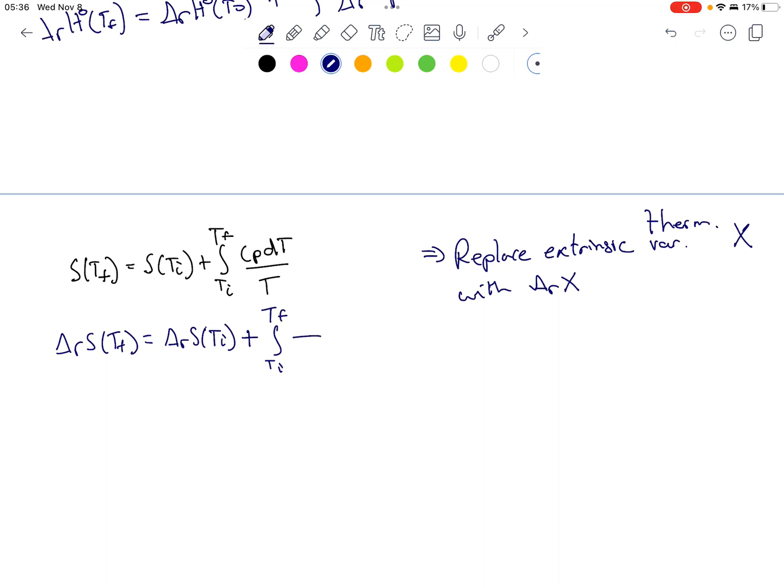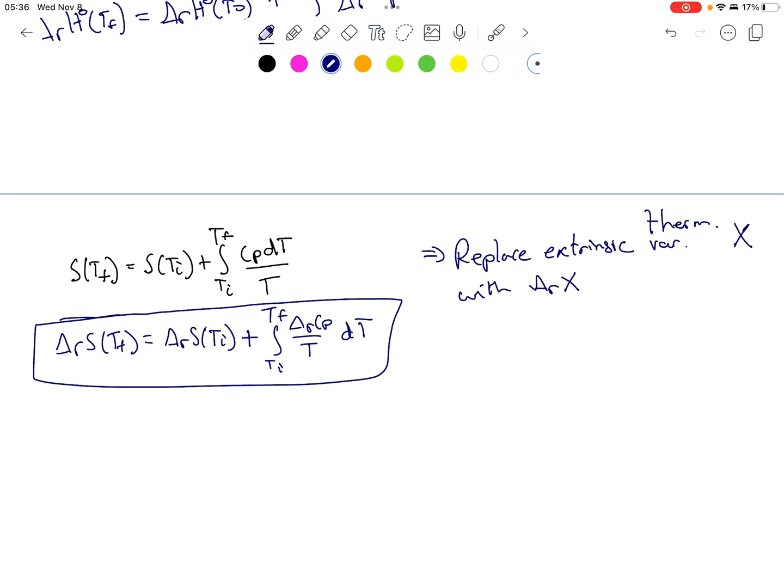T is intrinsic, but then I also have delta Rcp over T dT. And that's the analogous equation for adjusting the entropy here. So what I need to do is just figure out delta Rcp of the reaction, and then I can adjust H and S according to these equations.